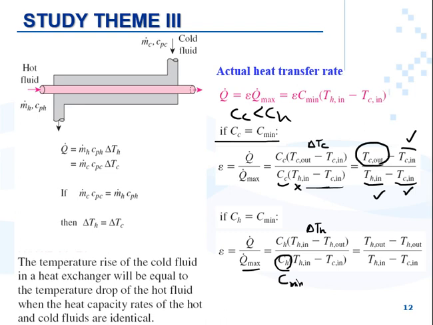In the other case it is the same. Here is wrong, it is inlet. We have all those three inlet, but we don't have the outlet temperature of hot. So when we don't have these two, how are we going to find the epsilon? Let's try to see if we can find it or calculate it.